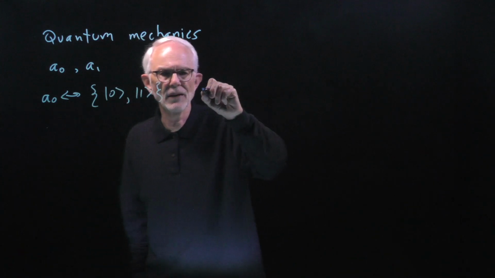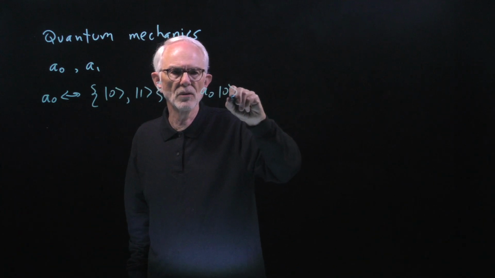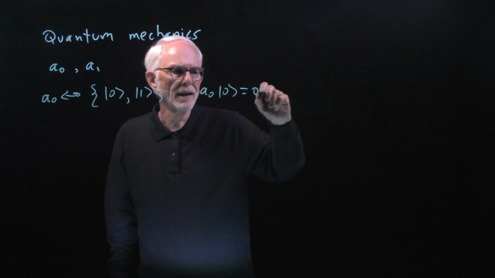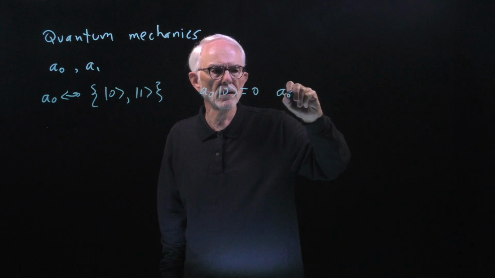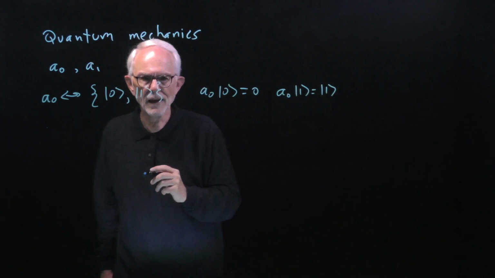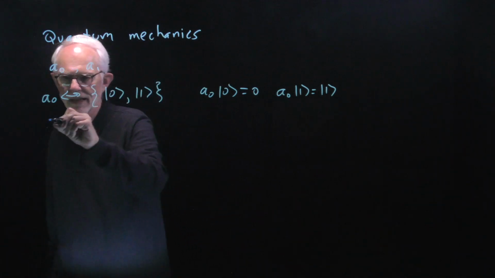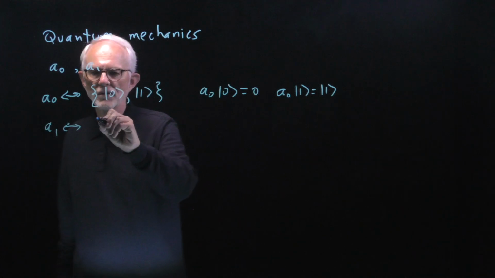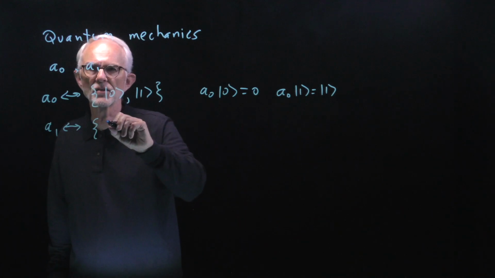And we're going to have that A0 acting on 0 is equal to 0, and A0 acting on 1 is equal to 1. Now for A1, we're going to need a second basis. For the moment, we'll just call it V0 and V1, without specifying exactly what it is.